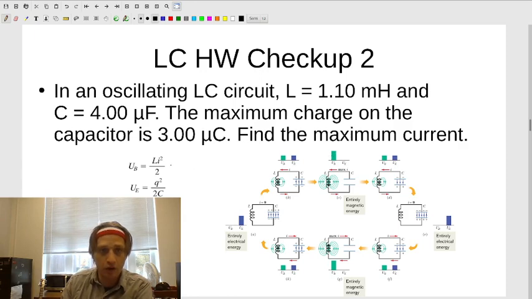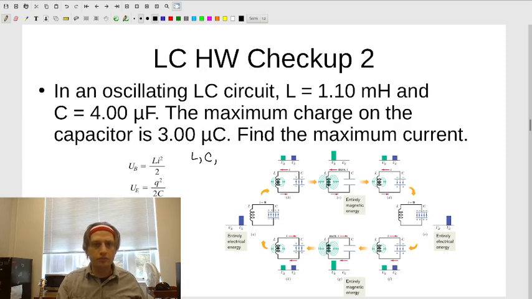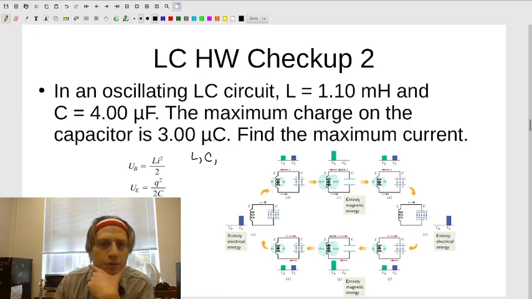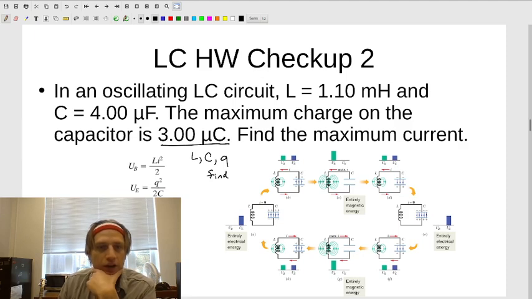So in this case they give you L, they give you C, and they give you the maximum charge, so that's Q. And then they ask you to find I, that maximum I.